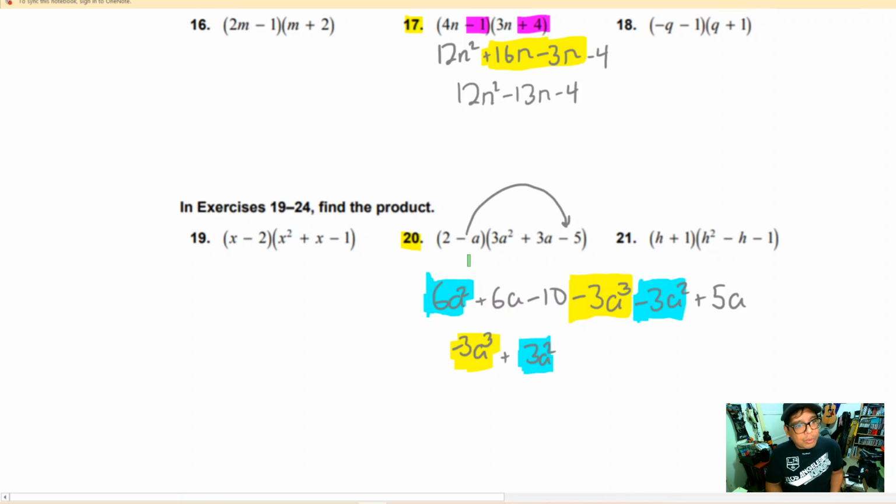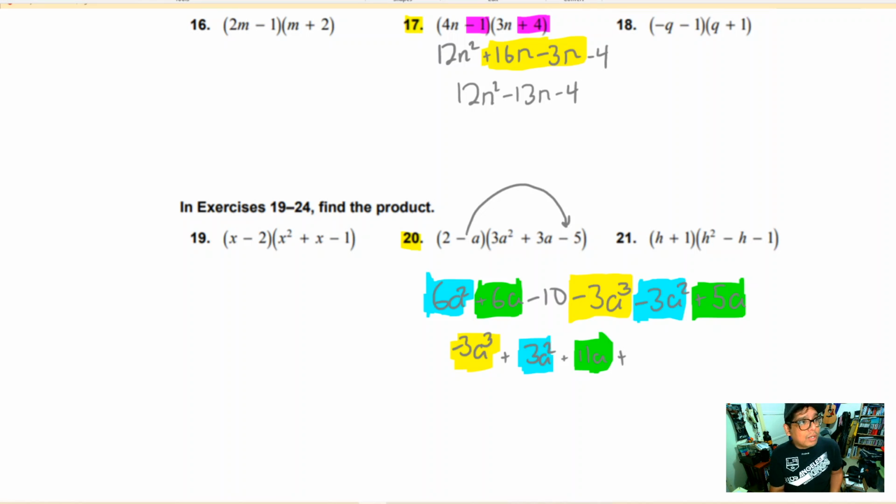The next thing is going to be a to the first power. There's 6a to the first power. There's 5a to the first power. So how much is that? 6 and 5 is 11. And lastly, we have all of the constant terms, and oh, there's only one of them, minus 10.